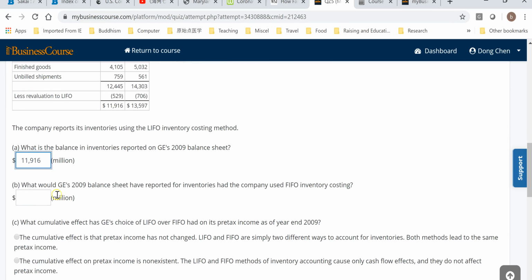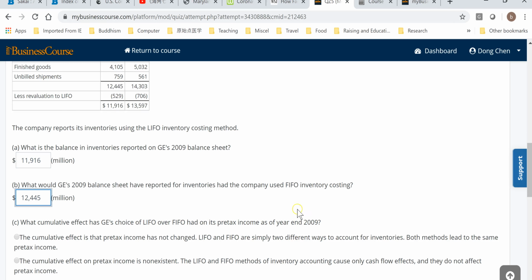And then what would GE's 2009 balance sheet have reported for inventories had the company used FIFO inventory costing? And so basically, the number in this row is the FIFO number as we just analyzed, 12,455.